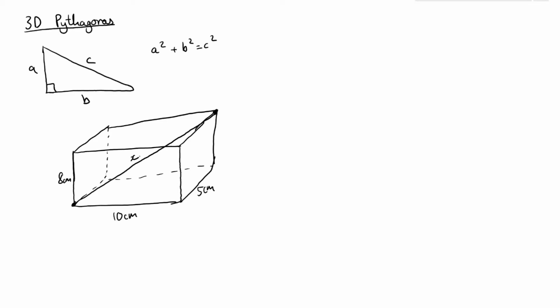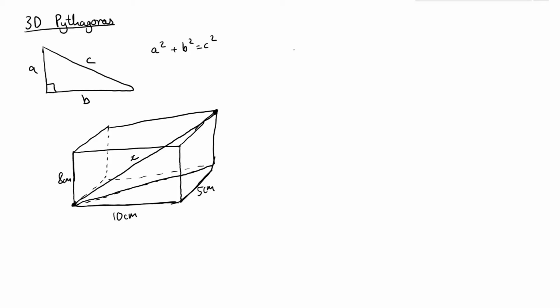The way we're going to work it out is we can split this into 2 triangles. The first triangle I'm going to look at is this base triangle here. First I need to work out this diagonal that's going across here.